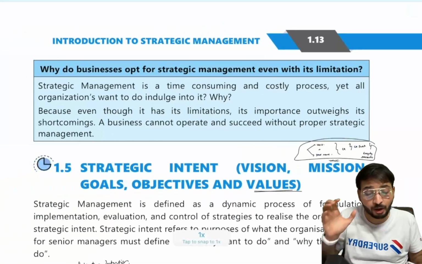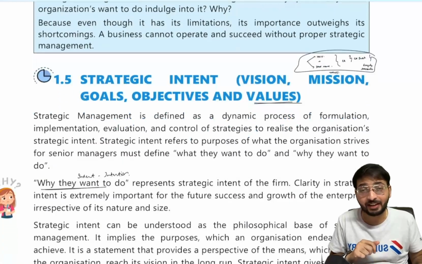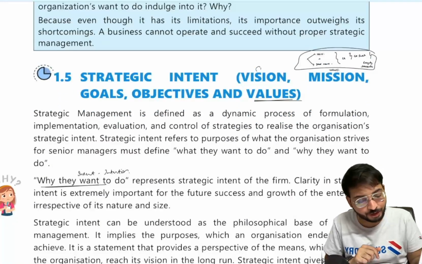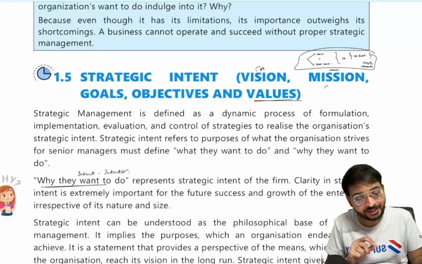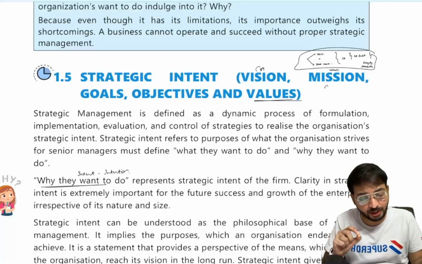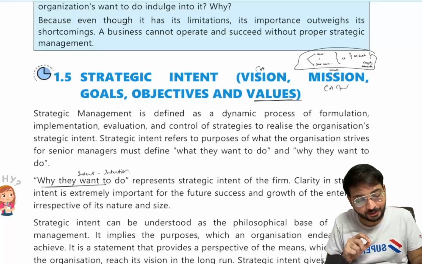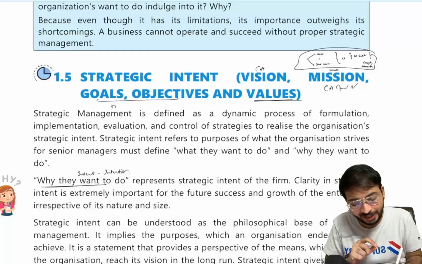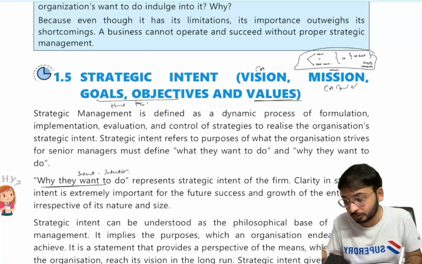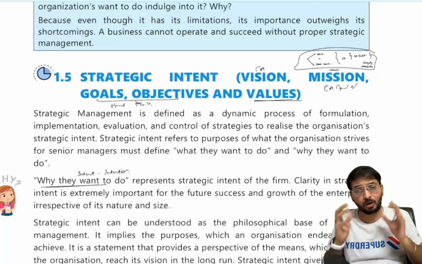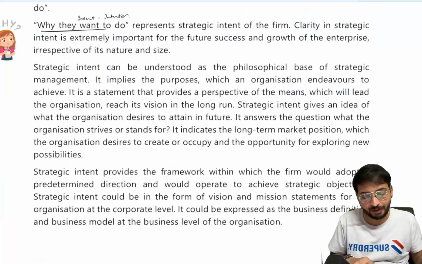To that, you have chosen CA, right? That CA is nothing but your vision. To clear CA Inter, where are you right now? CA Inter is called mission. Goals and objectives are nothing but your timetable, schedule, all this. The last one is values, which govern everything.